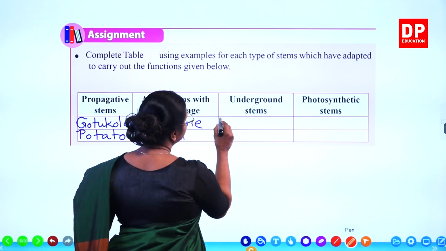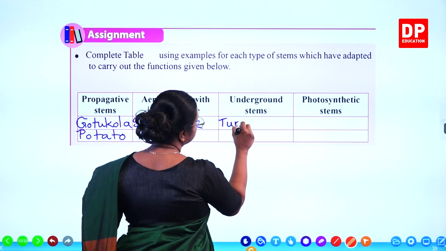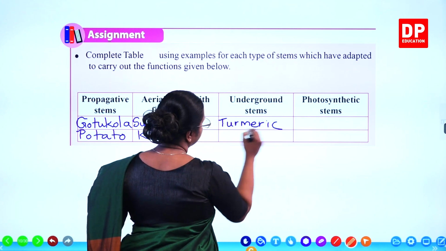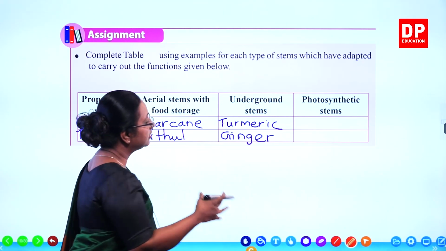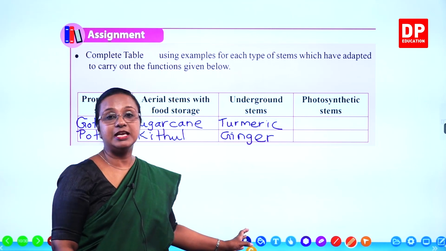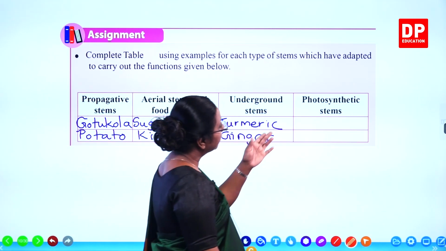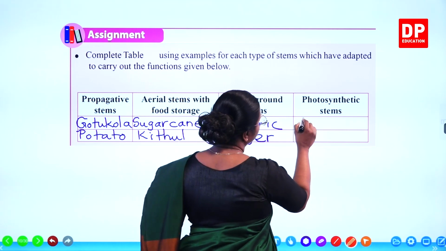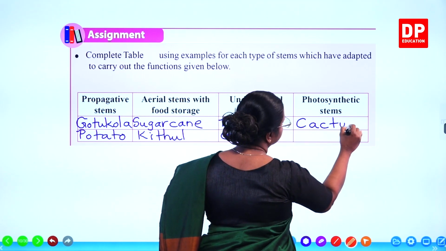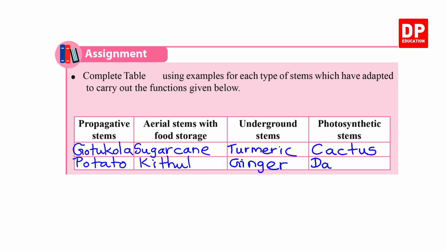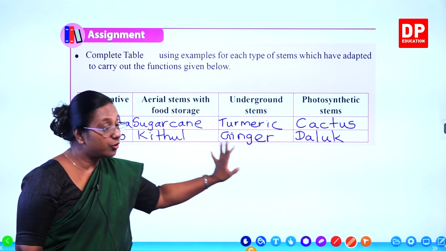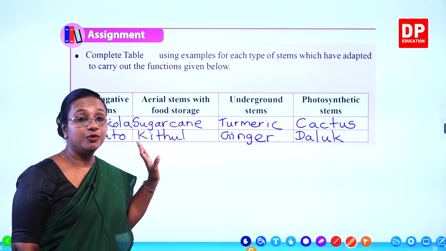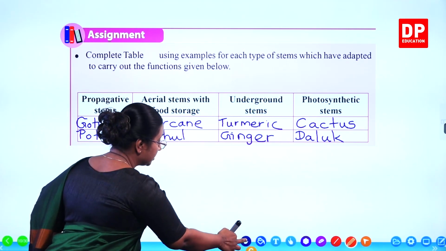So here I will write turmeric and ginger. You can also write onion, potato. Potato can be repeated here as well. Then we have the photosynthetic stem. What are those? Cactus and daluk. So these are examples that you have already studied. But these are not the only examples. We have studied more. So you have to remember those as well.